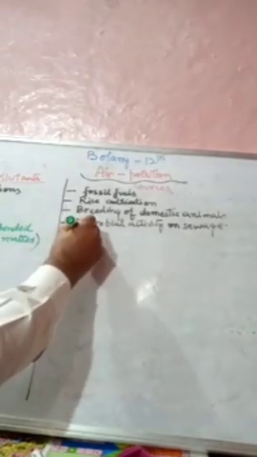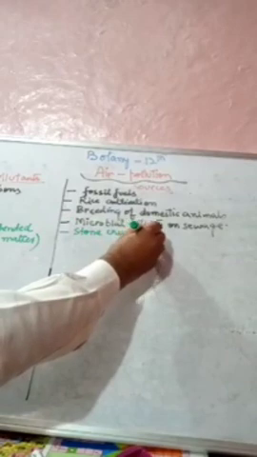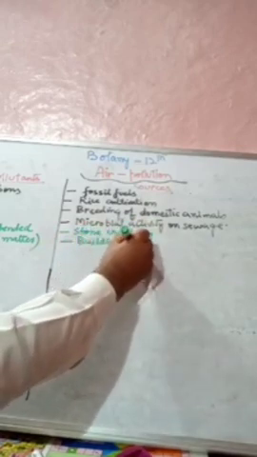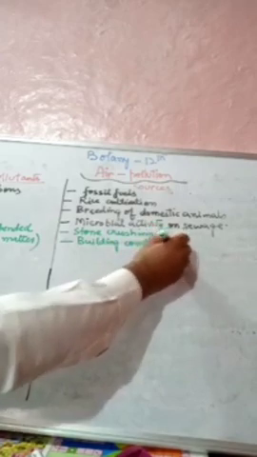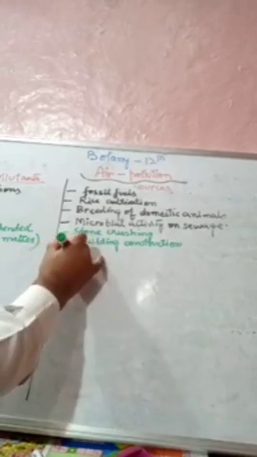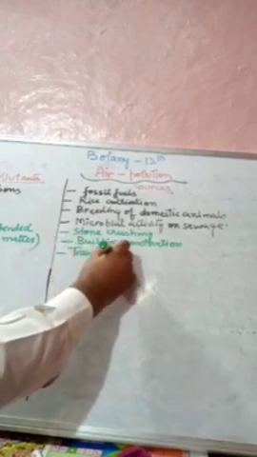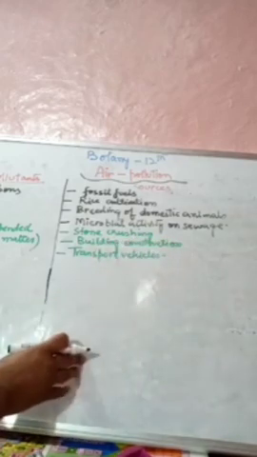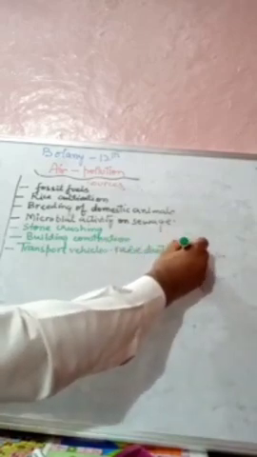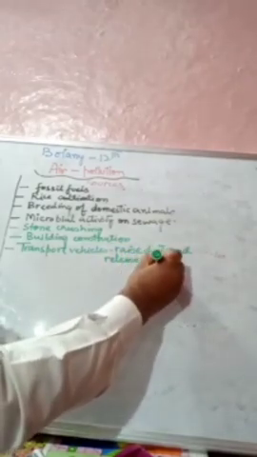First one, stone crushing or crushers, that is a source. Second, if we see, building construction or construction works. We have one more, that is transport vehicles. When transport vehicles move, they raise dust and release smoke. These are what we call particulate matter. What are the main causes of these suspended particles?